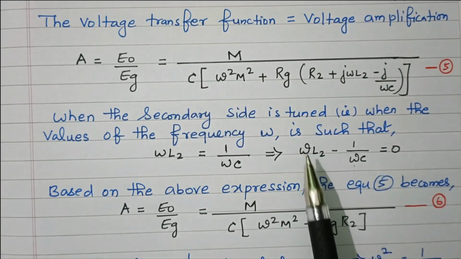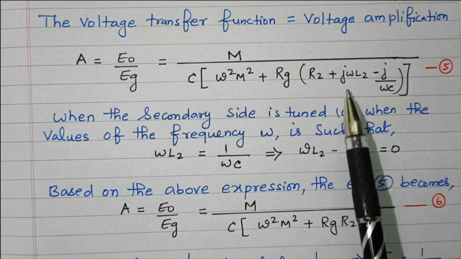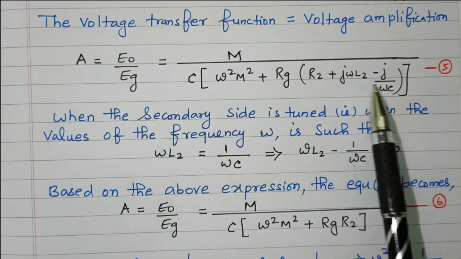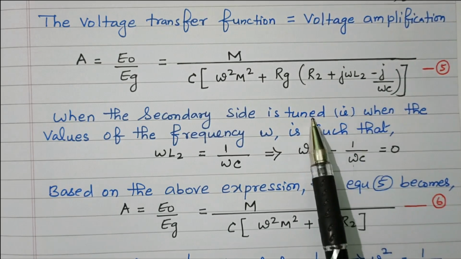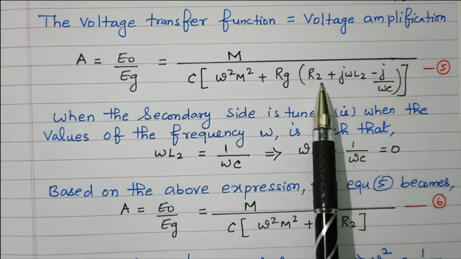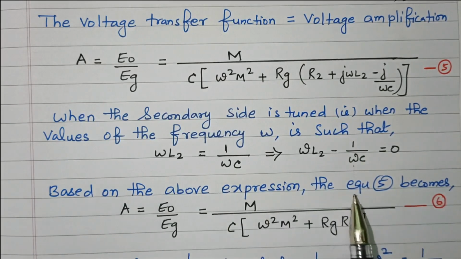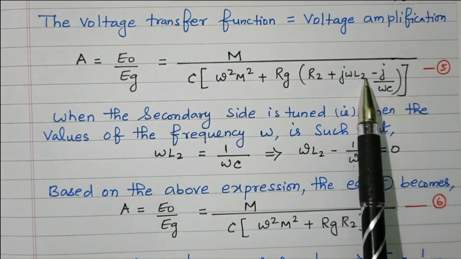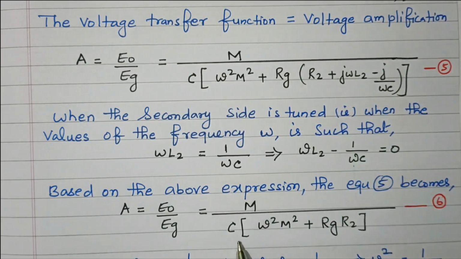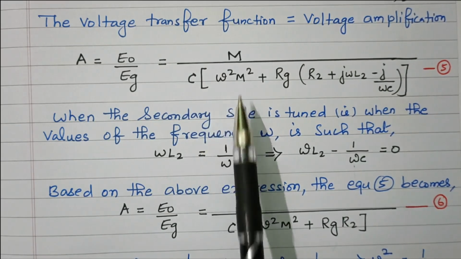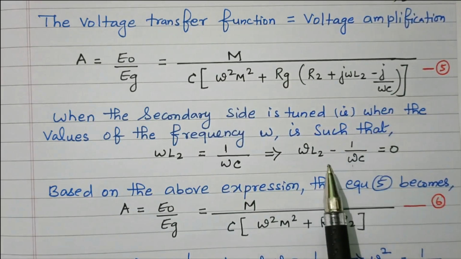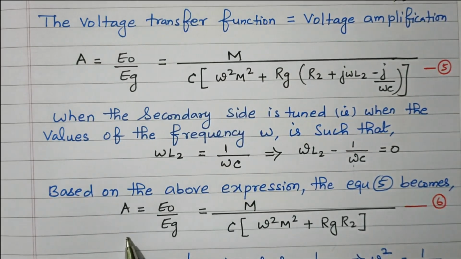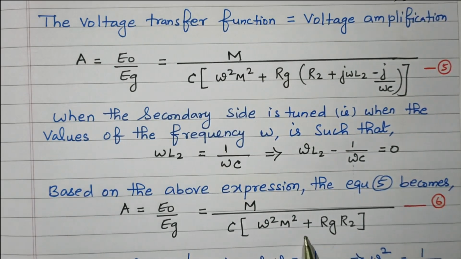Under the tuned condition this expression, j omega L2 minus j by omega C, becomes 0. So equation 5 becomes M divided by C into (omega square M square plus Rg into R2), since this term becomes 0 under the tuned condition.